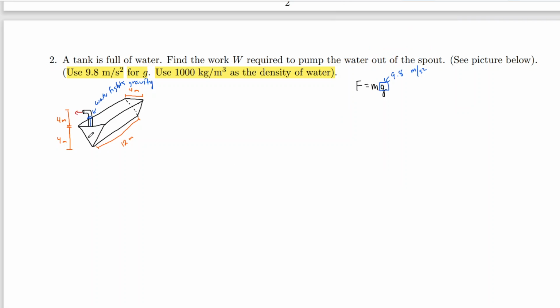Well, what happens is, let's pretend I'm just going to take a little slab here, like we do in a lot of problems, and take a horizontal slab like this. So it's the same thing on this side over here. So this gives us a really, really tiny rectangular prism. Well, the weight here and the distance it has to travel is much different than the one up here. So the one up here, think about the water sitting on the top. It's got a different volume as far as the rectangular prism goes, because the base would be wider, and it also has less of a distance to travel because it only needs to go up to 4 meters.